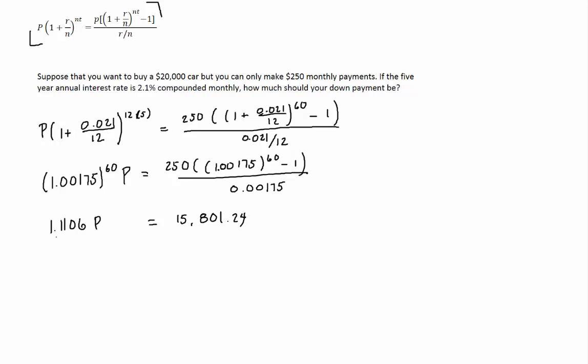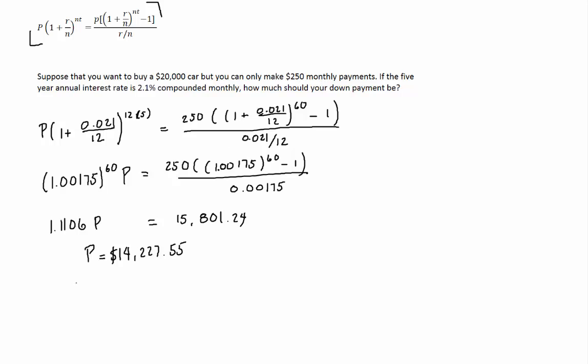Now I can divide both sides by 1.1106 to obtain P, which will be the amount of money that I can actually borrow. And that gives me that I can borrow $14,227.55. That is if I want to make a $250 a month payment.